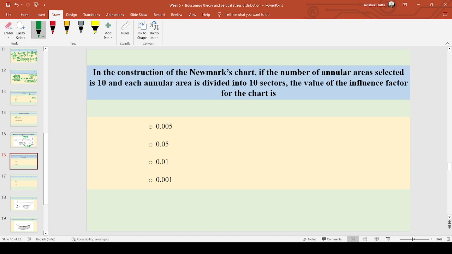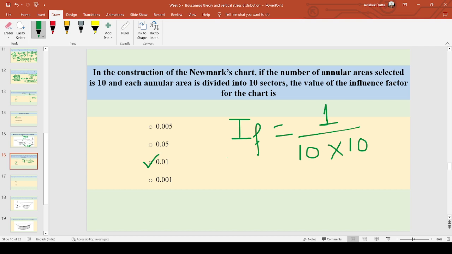The value of influence factor, IF, of each individual sector of this chart: the area is first divided into 10 annular rings, and then each annular ring is divided into 10 sectors. So the value will be equal to 1 by 100 or 0.01.